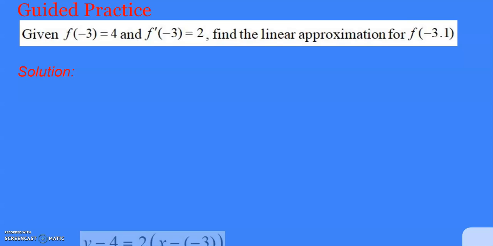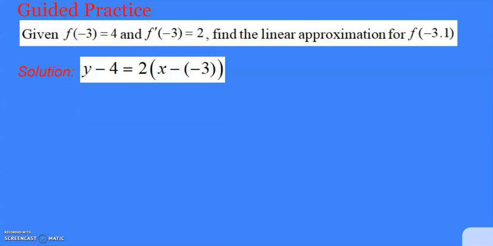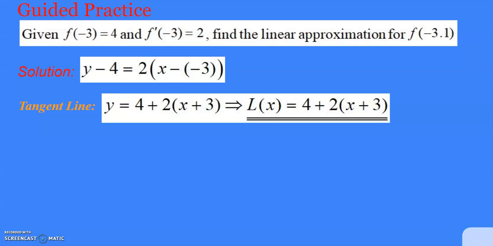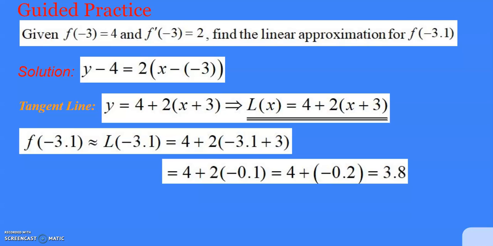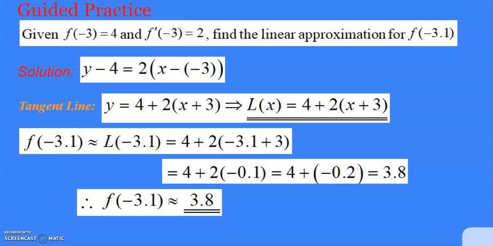So let's see, the values have already been given, and so we plug them into the point-slope form and we write the equation of the tangent line. Now we'll be able to evaluate f(-3.1) using the tangent line equation. And that result is 3.8. It's approximately equal to the function value.